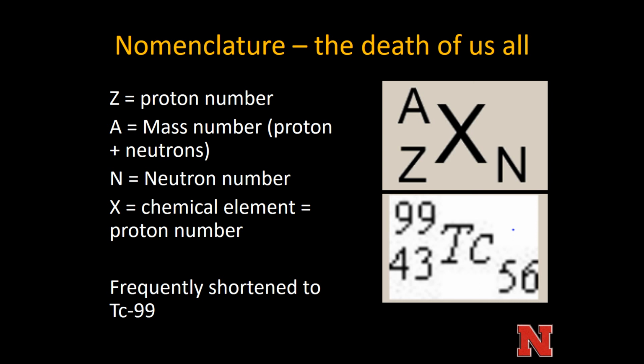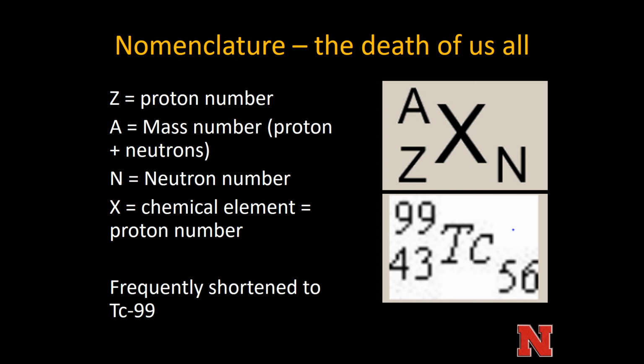Then, if you know the A, or the mass number, you can back calculate how many neutrons are there, because it has to be 99 minus 43 equals 56, for example. So frequently, these different isotopes will just be shortened to Tech 99.